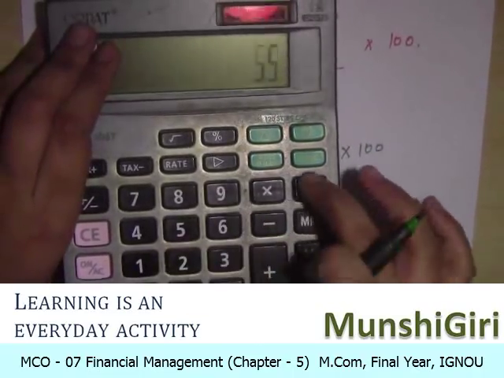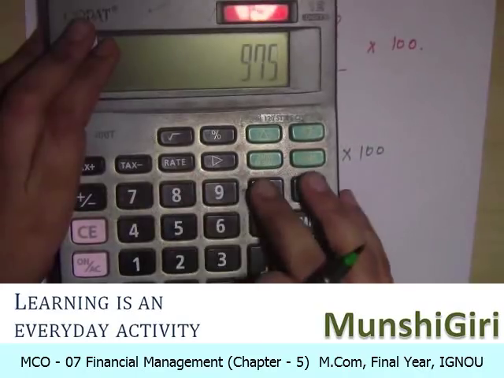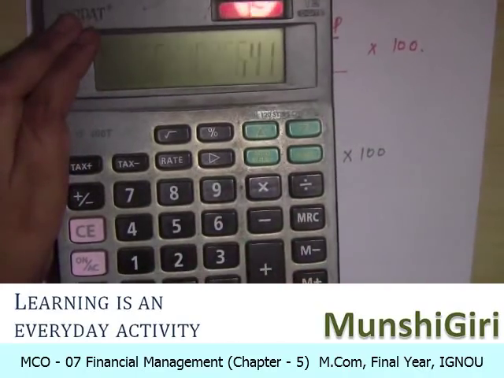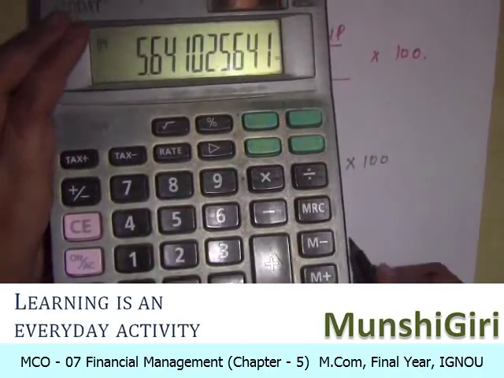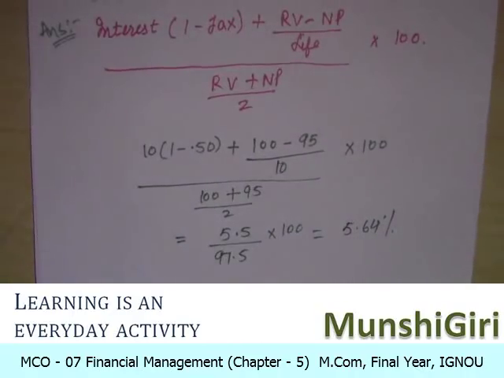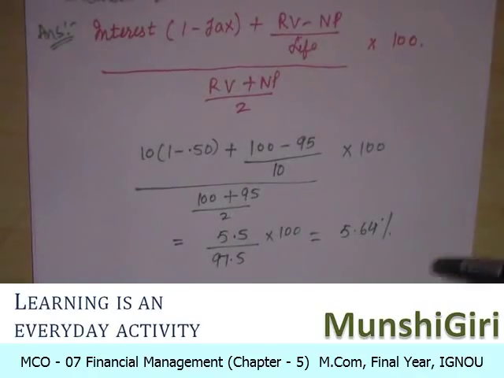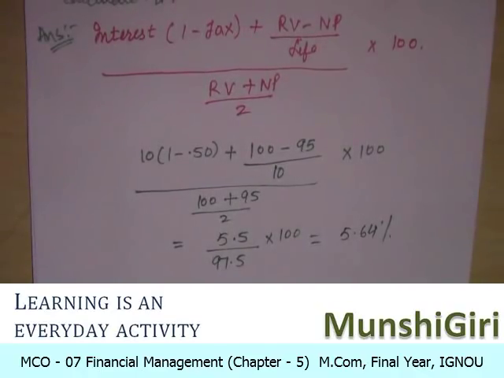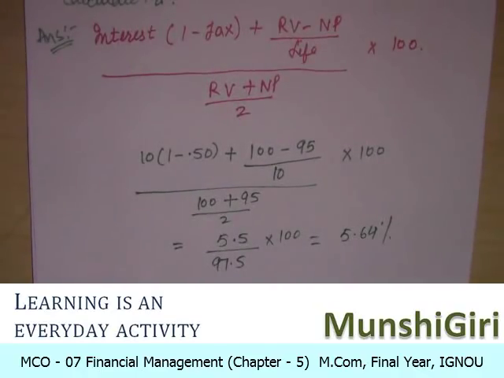This is 5.5 divided by 97.5 into 100, which is 5.64%. So this is how we can calculate the cost of debt in case of redeemable and irredeemable debt.